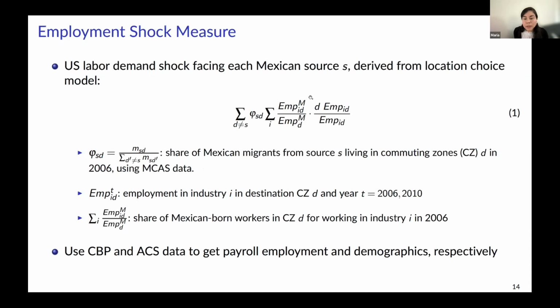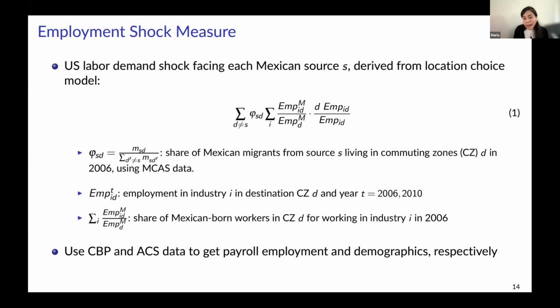And here we have the proportional change in employment across industries and destinations in the US before and after the Great Recession, from 2006 to 2010. We further weight these declines in employment by the share of Mexican-born workers in each industry and commuting zone in the US, to take into account the fact that Mexican migrants tend to work in very specific industries.